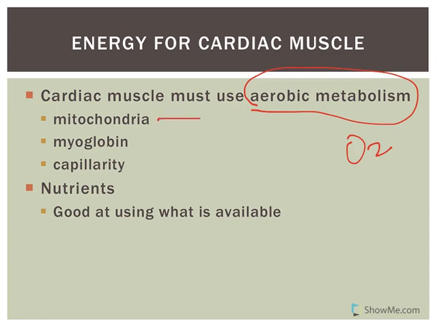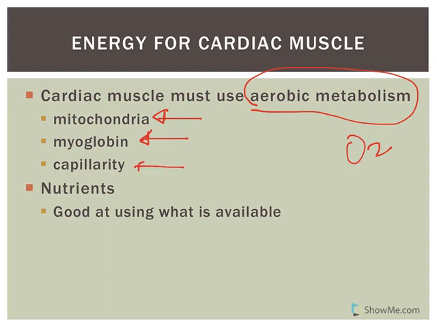It has a lot of mitochondria, the powerhouse of the cell, that utilizes oxygen to generate a lot of ATP. Myoglobin is a pigment that binds to oxygen. So in case we're not getting quite enough blood flow to that cardiac muscle, we've got a little backup. It's an oxygen-binding protein there in cardiac muscle.